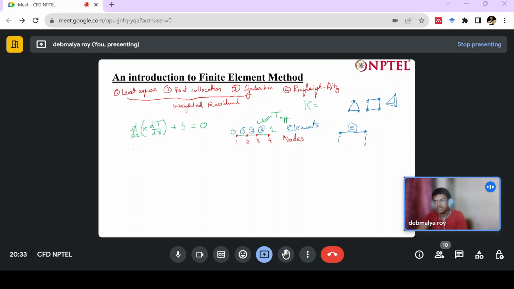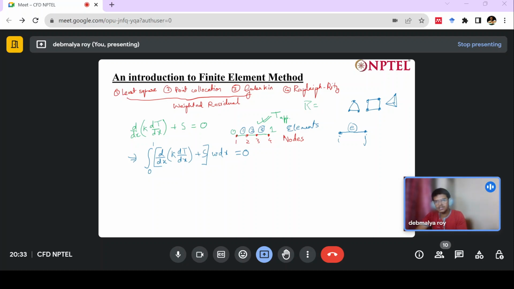If we do the same kind of weighted methods, then what we would generally do is an integration over the whole domain, let's say 0 to 1, and we would equate this to 0.